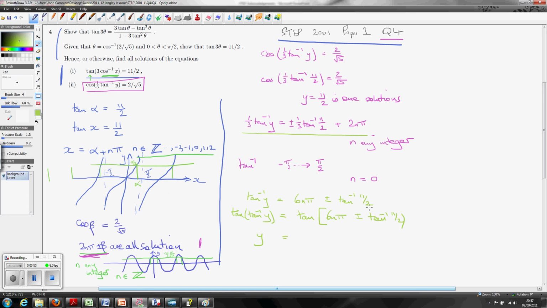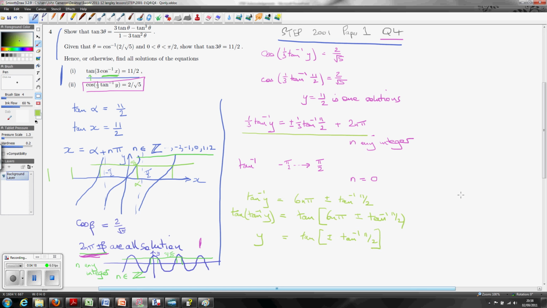Because of the range of tan⁻¹, I know n is 0, but even if it wasn't the case, tan of 6nπ wouldn't change. It's periodic in π, so I can write this as tan of plus or minus tan⁻¹(11/2).